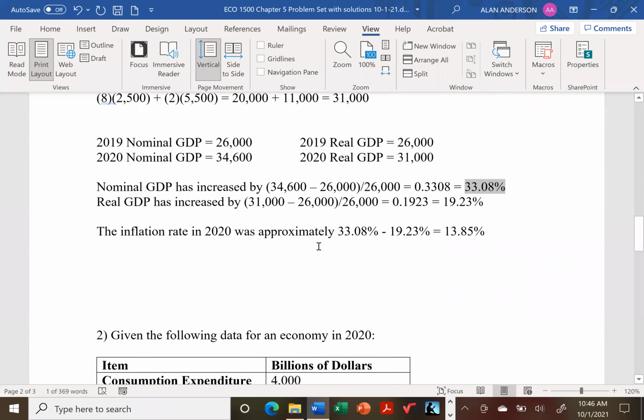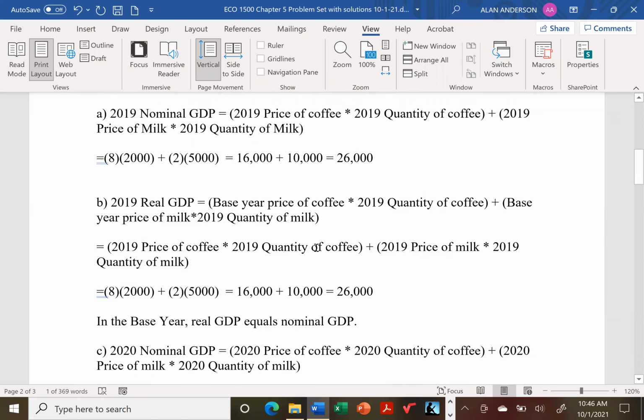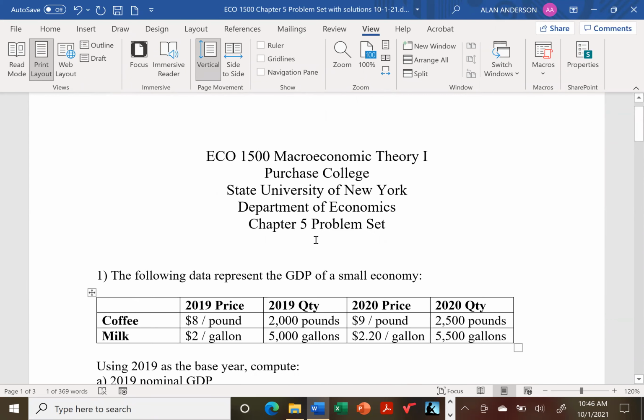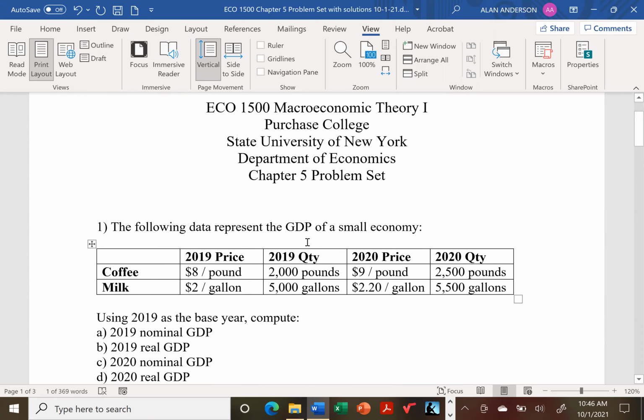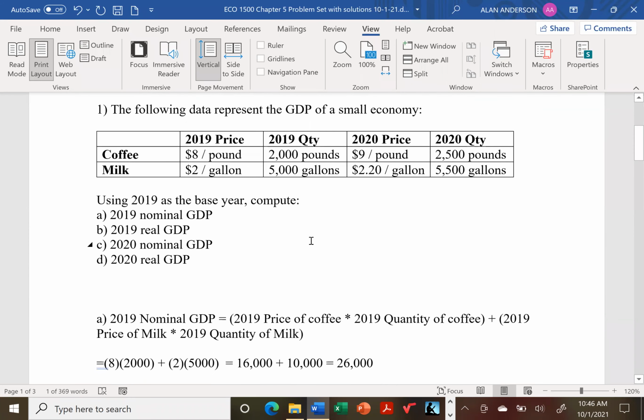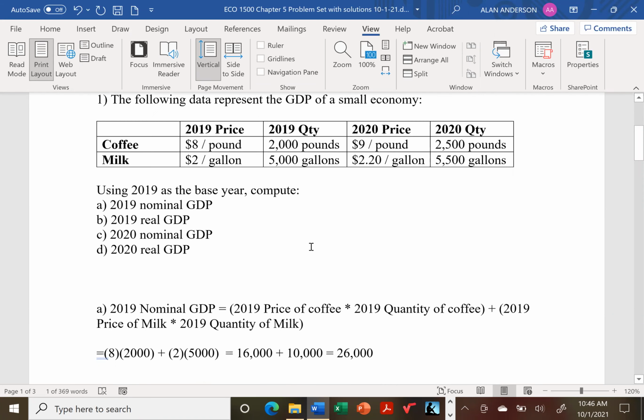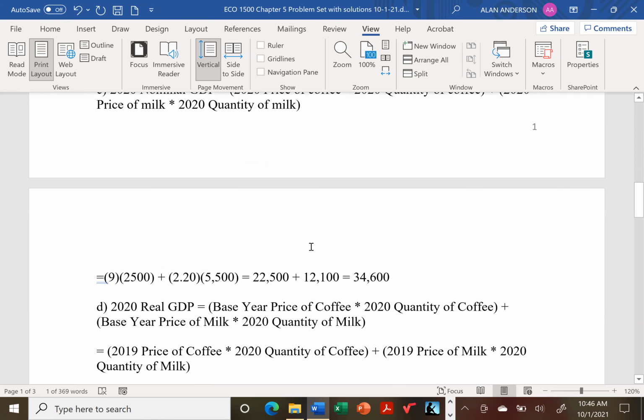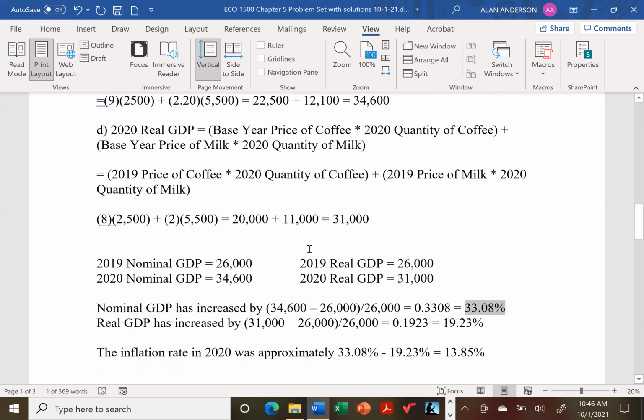All right, so anytime you're asked to calculate either nominal or real GDP, you'll do exactly the same thing as you did here. It never changes. Nominal, remember, always uses current prices and current quantities. Real uses current quantities, but base year prices, and that's the big difference between them.